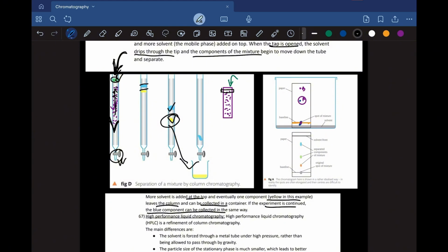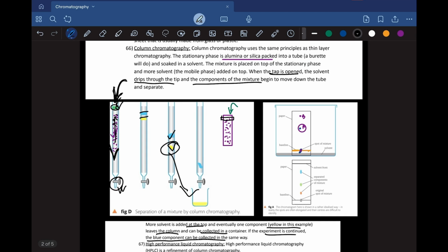This is what column chromatography means. When the solvent was falling, the more polar the component is, the more attracted it gets to the solvent, and so it gets out of the container first.